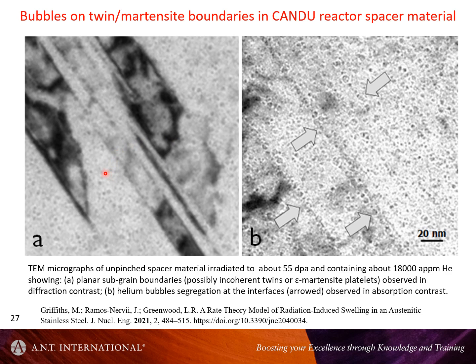and this is from actually Colin Judge's thesis, from McMaster, and so you have this segregation of helium bubbles at the twin interface. That would make these interfaces just the same as grain boundaries.